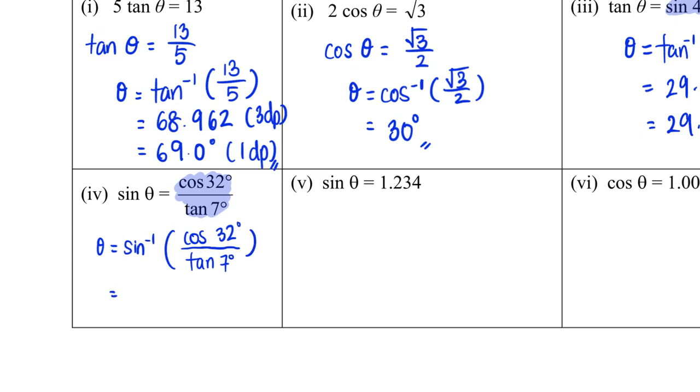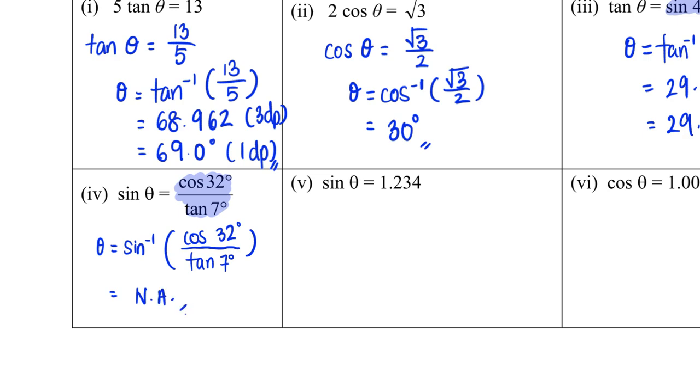So I will have sine -1, or inverse, with a fraction: cosine 32 degrees over tangent 77 degrees, and you should get an error message. Don't worry too much. This simply means that the given ratio is undefined or not applicable.